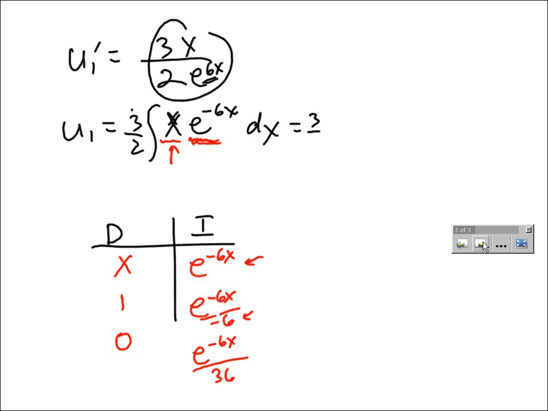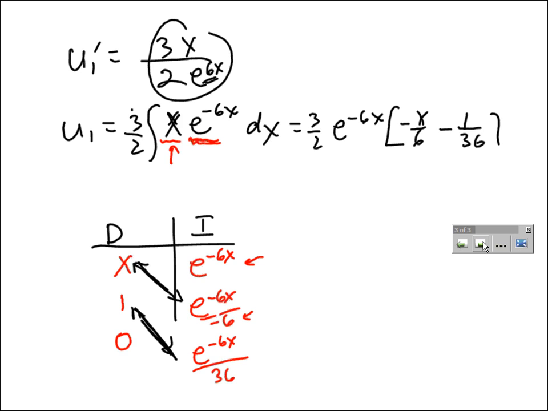So it's going to be 3 over 2 times this product minus that product. But I hope it's clear that both of those products are going to have an e to the negative 6x factor. So this product is going to be negative x over 6 times e to the negative 6x, minus this product, which will just be 1 over 36 times the e to the negative 6x in front.